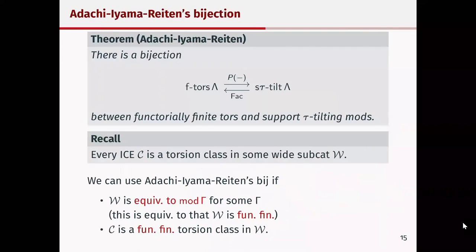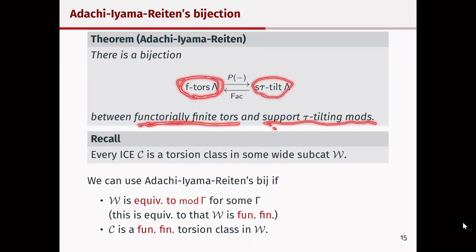In the second section, I use Adachi-Iyama-Reiten's bijection on torsion classes. Maybe most of you know this result, but Adachi-Iyama-Reiten showed that there exists a bijection between the set of functorially finite torsion classes and the set of support tilting lambda modules.